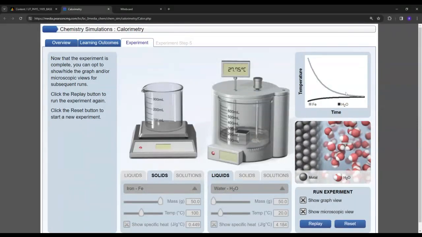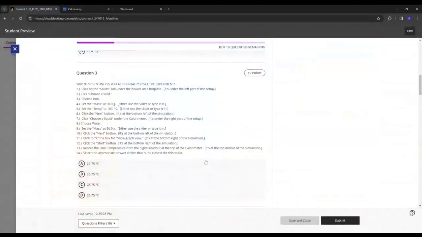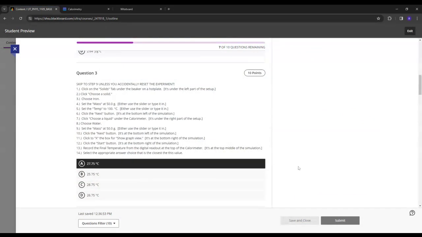Whereas the lighter color, this is gray, has a really steep drop at the beginning and then levels out. Eventually, they're going to be done sharing energy and they're going to reach some temperature together. From the digital readout, that's 27.75. All right, so that's what we're looking for here, 27.75.